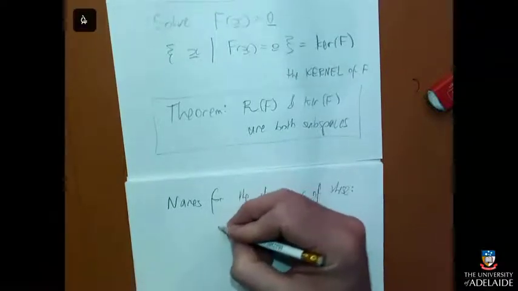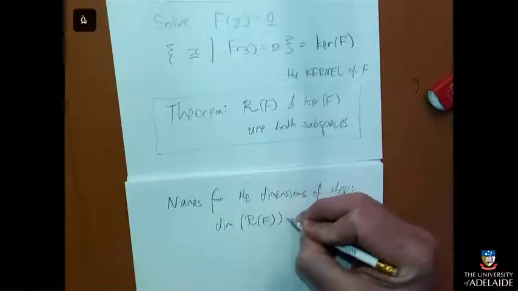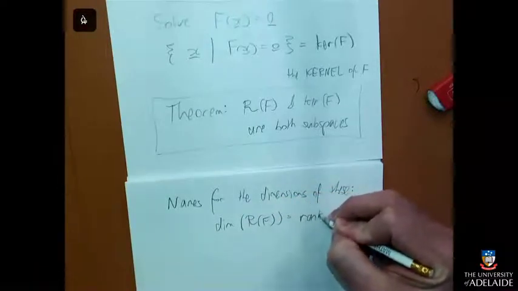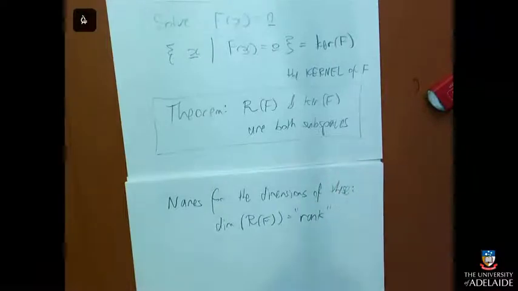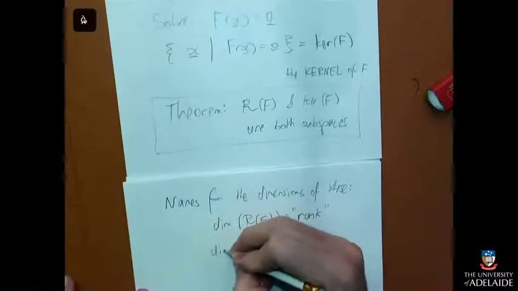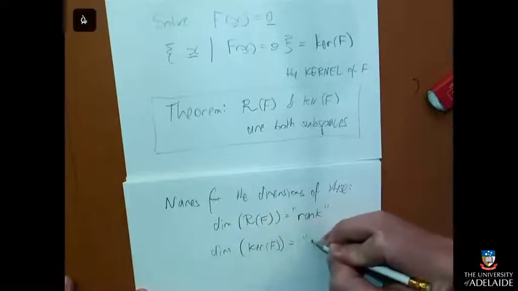I think the dimension of the range is the rank. Or do these words only belong to matrices? Does someone have their notes? I may have to look that up. And the dimension of the kernel is nullity.